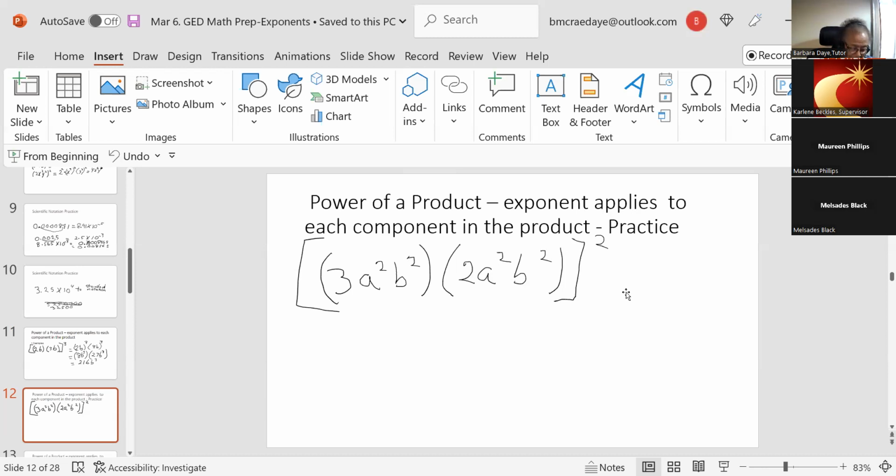So apply that power to each one of those products, the 3a to the second, b to the second, and the 2a to the second, b to the second.